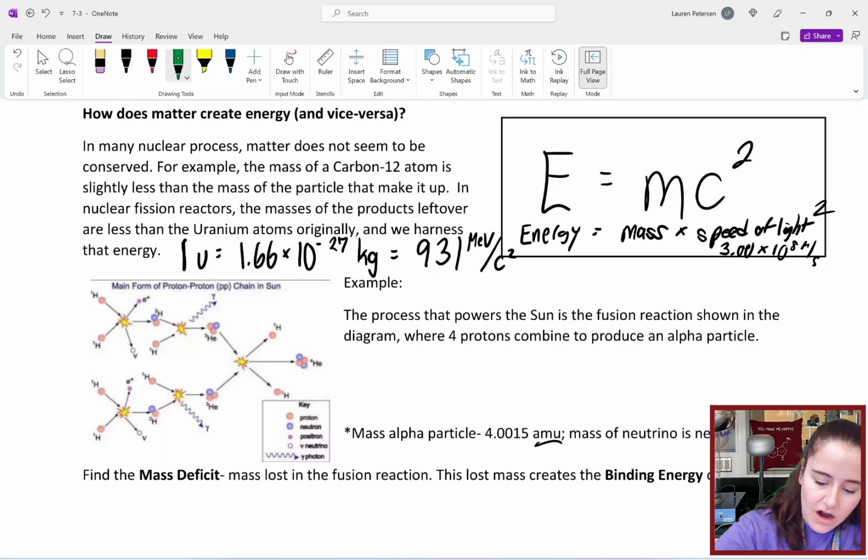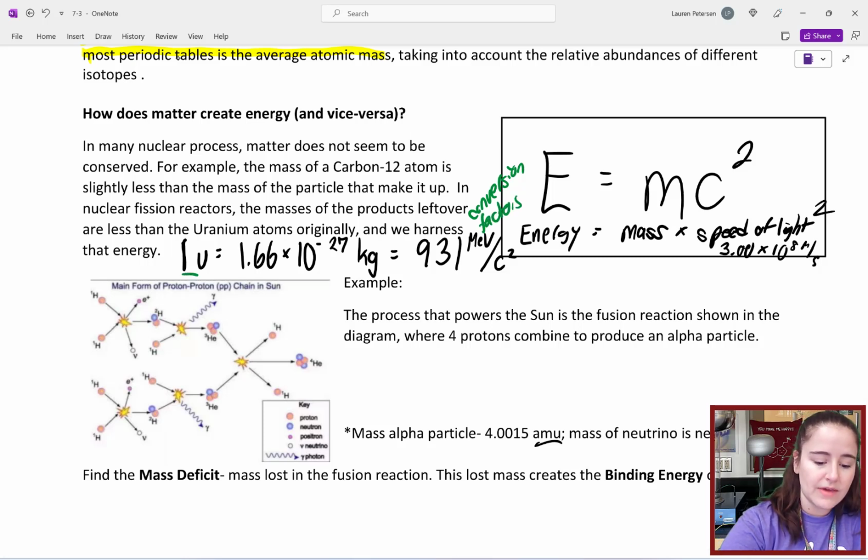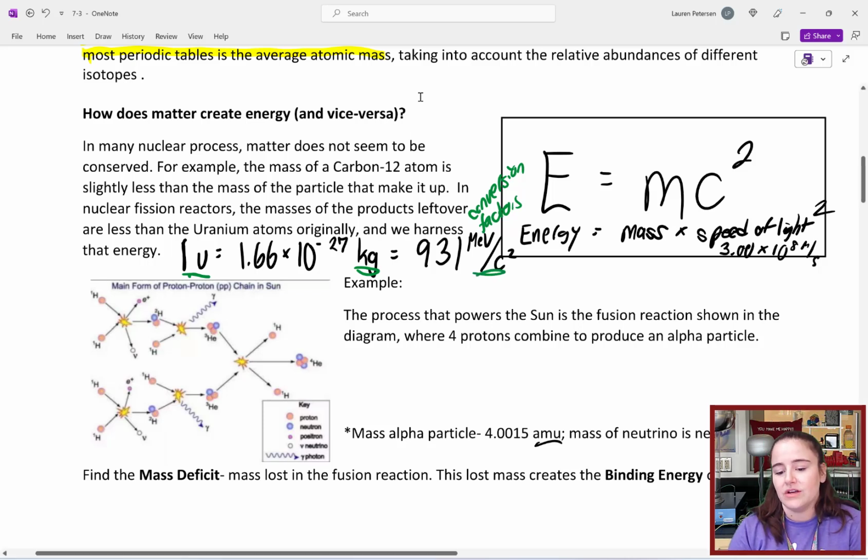These are conversion factors. So we can convert to kilograms, but this also gives us the conversion to energy. If we're just looking for the energy in electron volts, we can just multiply by 931 mega electron volts per c squared. The c squareds cancel out, and we just get that energy conversion.